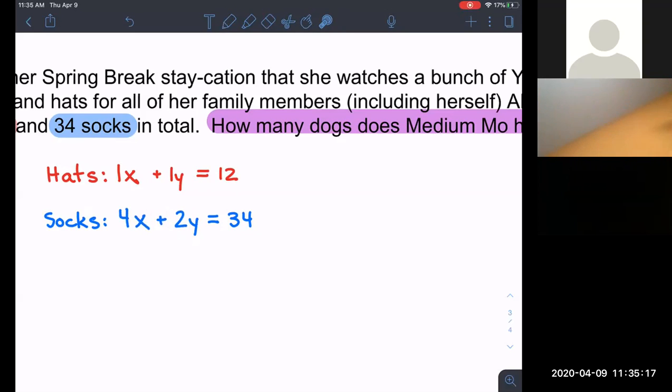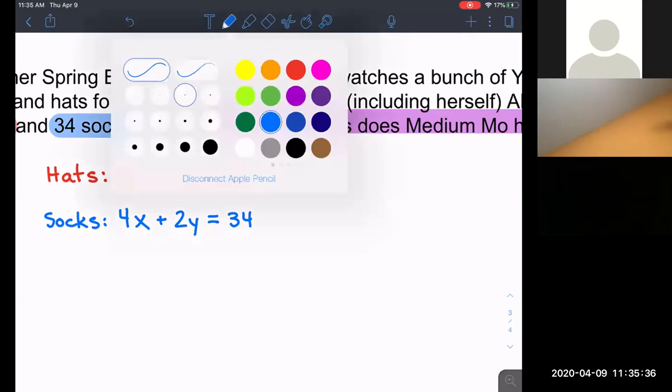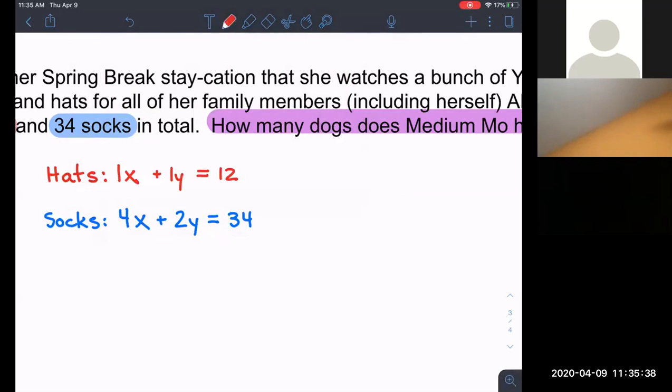Like I said, it really does not matter which variable you want to eliminate. You just have to eliminate one of them. If I wanted to eliminate the x's, what could I multiply this top equation by to get opposite coefficients? -4. Exactly. Yes, Mila's on it. And just for good measure, somebody other than Mila, what could I multiply the top equation by to get opposite coefficients for the y variable?